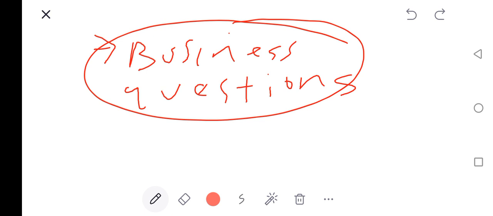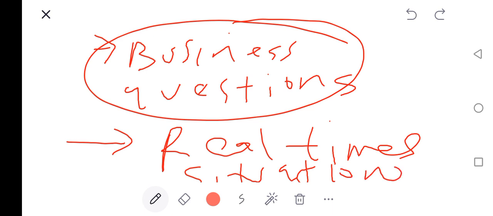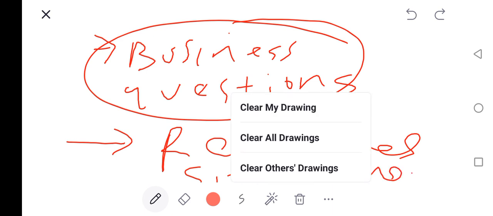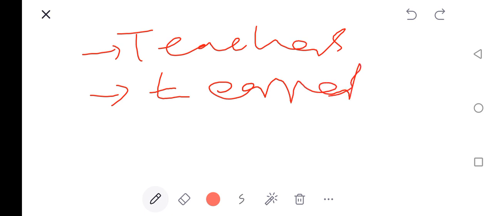Okay? Or when you see real-time situations, it is also linear programming. In 2019, they brought a question which was dealing with teachers and learners, between 2019 or 2018, who went on a school trip.